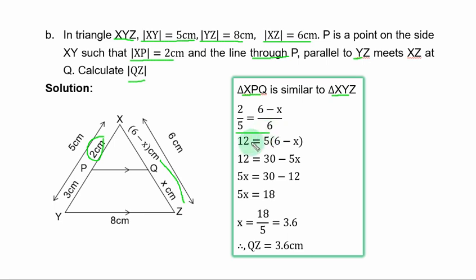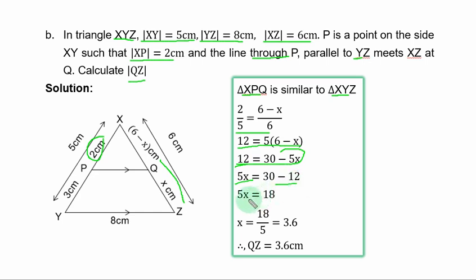If you cross multiply, you have this result. If you expand the right hand side, you have 12 equal to 30 minus 5S. If you transfer minus 5S to the left, it becomes positive. You transfer 12 to the right, it becomes negative.